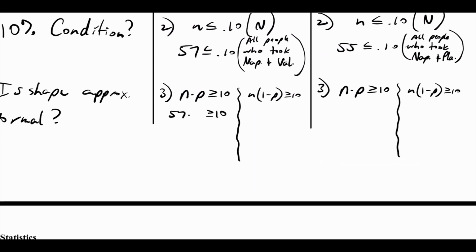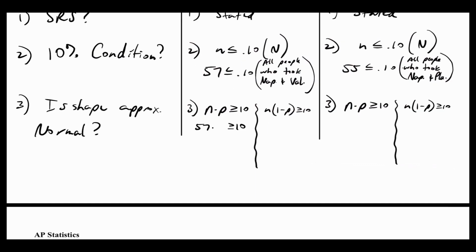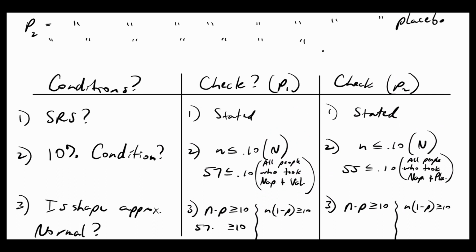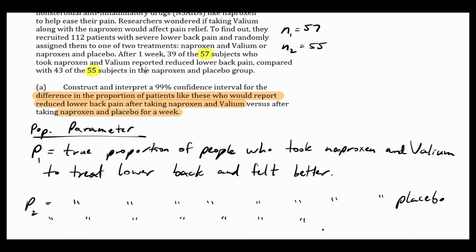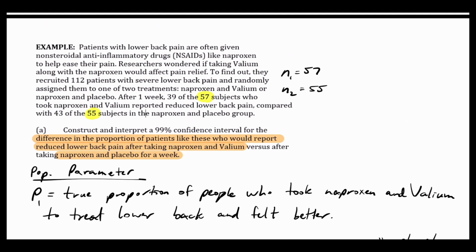What is p? What value do we have for p here? There's no claim because it's a two sample test. There's only claims on one sample.